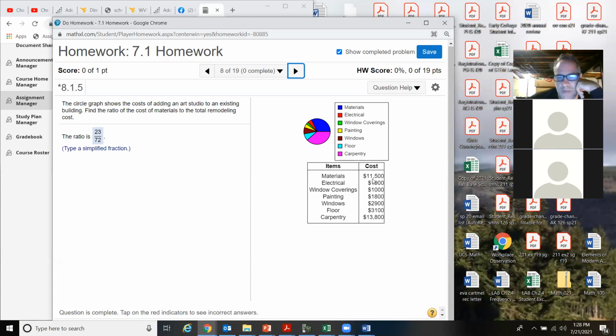Materials ran you $11,500. Your total cost would be adding up all of these. I don't know what that number is specifically. It more likely is not the same as the last problem, though it could be, because if I switch back to the last problem, the numbers will change because of a random number generator. I'm adding them up now, very quickly.